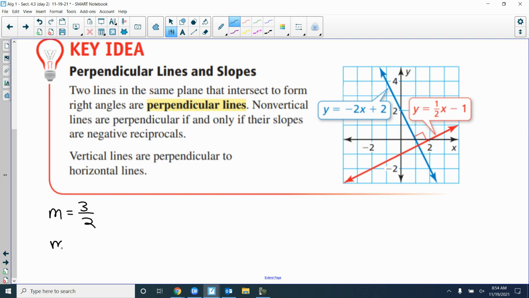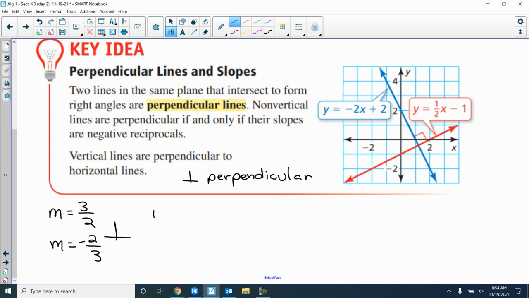So these would be perpendicular. Now here's a little symbol for perpendicular. It's like an upside down T. Does that look familiar? I got one yes. I got one no. This little symbol is shorthand for perpendicular, like an upside down T.